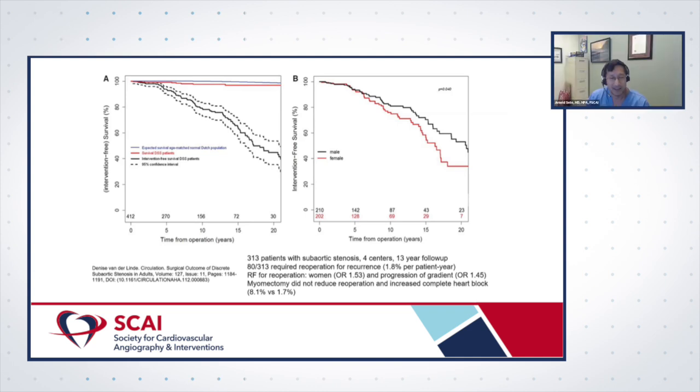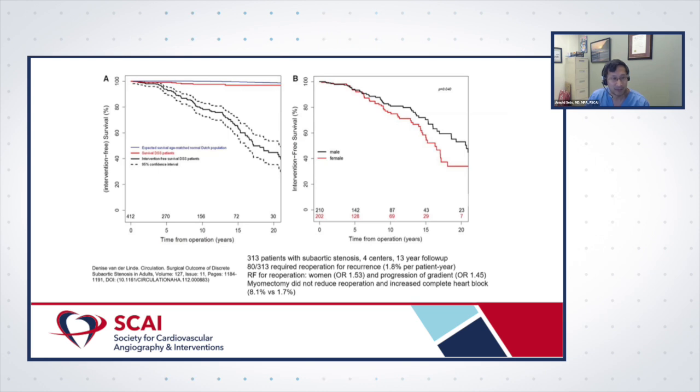Yeah, just wanted to highlight some of the surgical literature. Originally, there was some thought that these patients have a high risk of recurrence of subaortic membrane, and it's really disturbing, of course, to undergo cardiac surgery twice. So some surgeons initially advocated for a myomectomy at the time of resection of the membrane, but more recent case series, such as this one, suggested that a myomectomy is not necessary and didn't seem to reduce the risk of reoperation, and in fact increased complete heart block.